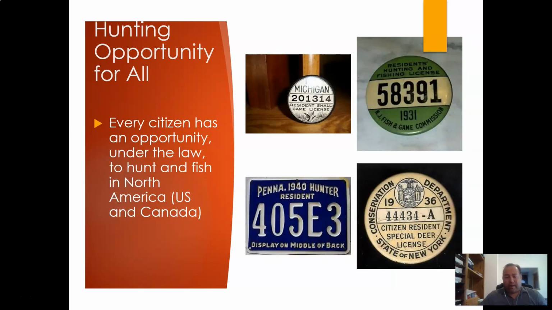And one of the big things with people is that everybody has this opportunity to hunt in North America, because it's been part of our tradition, part of the idea of people who settled this land, was that they lived off of this land. And I don't think people want to lose that, and I don't think that they should have to lose that.